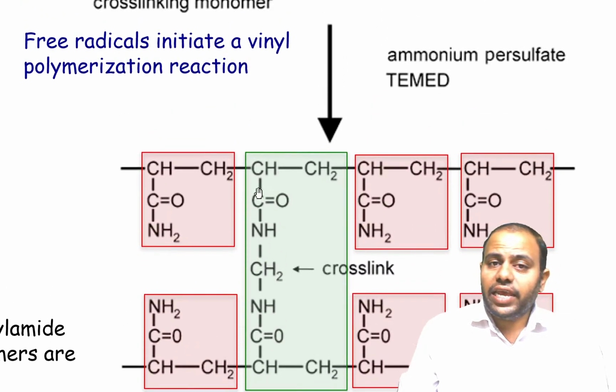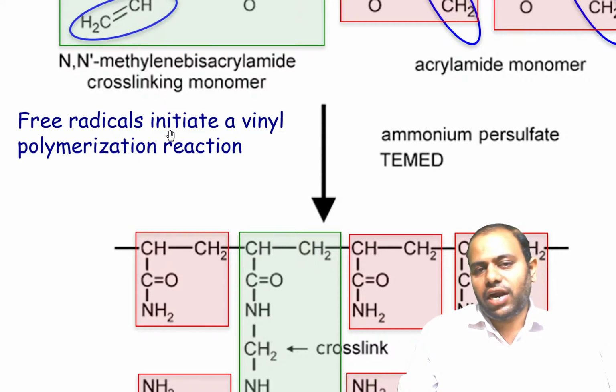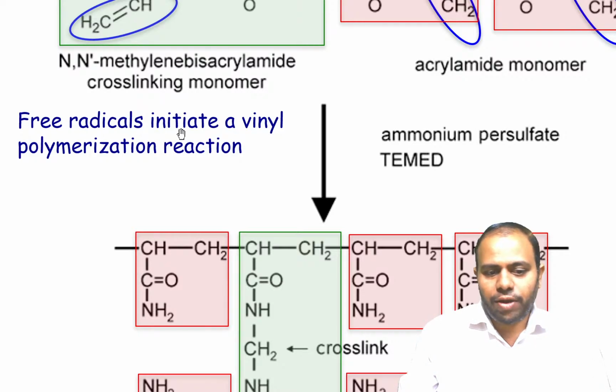The linking will not happen or start unless there is a free radical given in the reaction mixture. This free radical is generally the ammonium persulfate that we add. We add the ammonium persulfate and then we add TEMED. TEMED is used for catalysis.